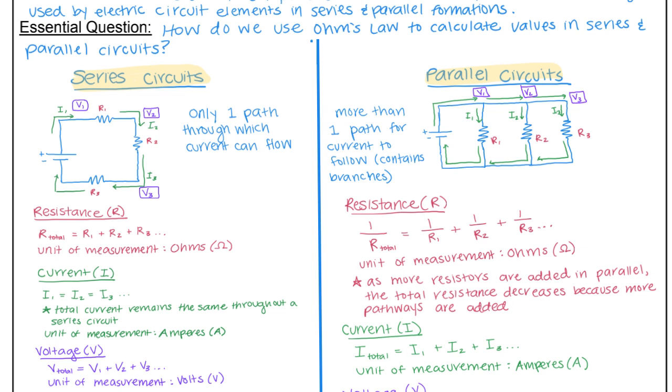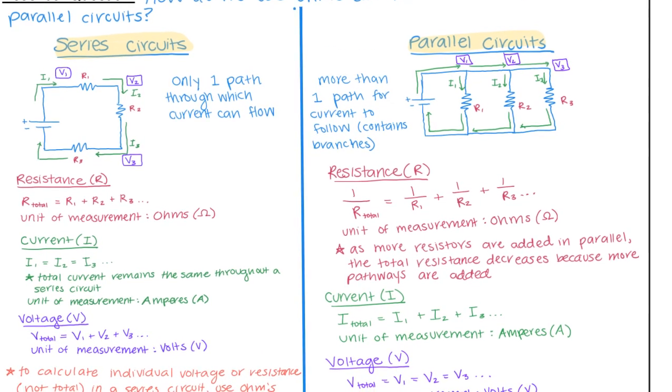Now, resistance, current, and voltage are going to look a little bit different across these two different types of circuits. So I'm going to go over each term one by one. Let's start with resistance in a series circuit, looking over to the left side of the screen right now.